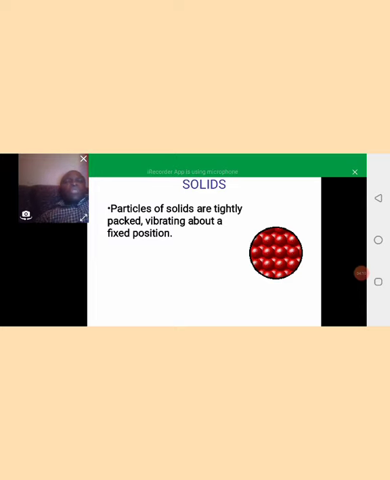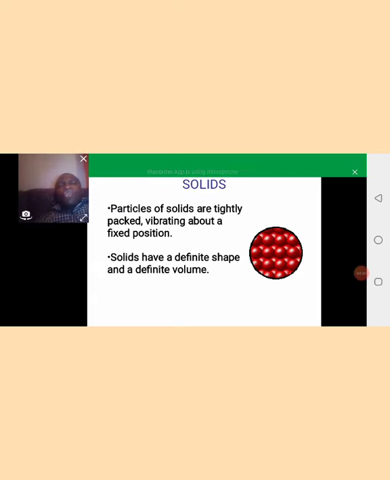First, I will take solid. When you see solids, they are closely packed. They are tightly packed. And take note, they have a fixed position, meaning they have a definite shape and a definite volume. Look at the example of sugar. Sugar is an example of a solid.